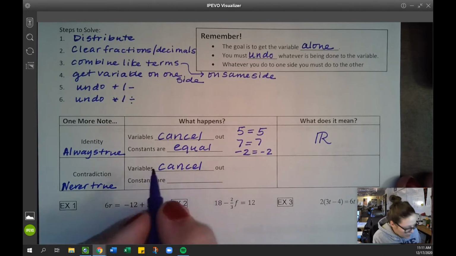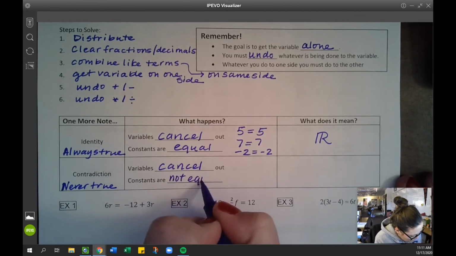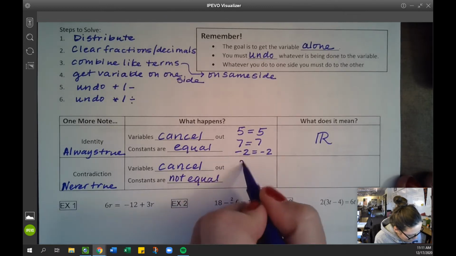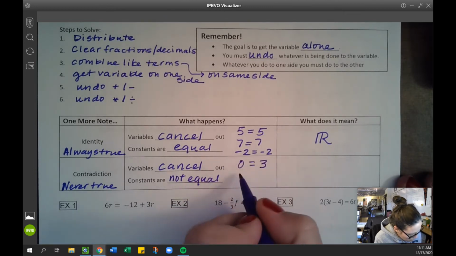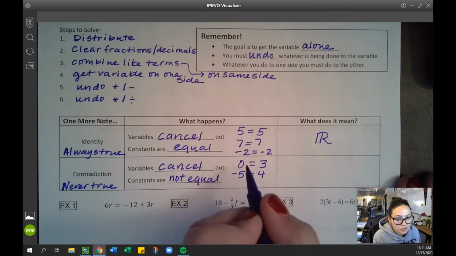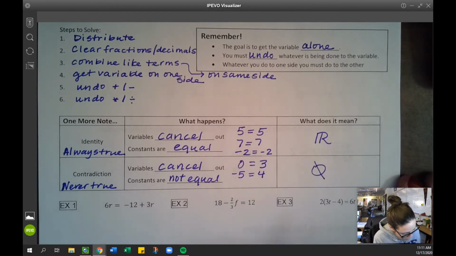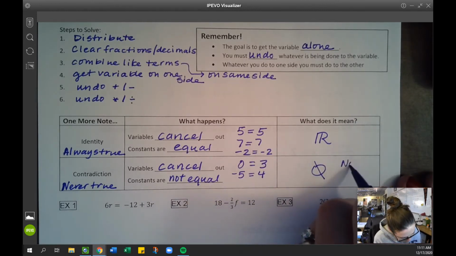If the variables cancel out and the constants are not equal, so if I get 0 equals 3 or -5 equals 4, those two things do not equal each other. So what that means is we have no solution. It's never true.